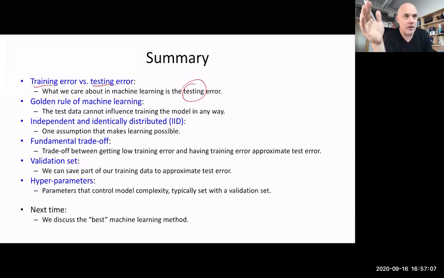So multiple hyperparameters is not in and of itself such a problem, but overfitting to the validation set is the problem that we're trying to stress right now.